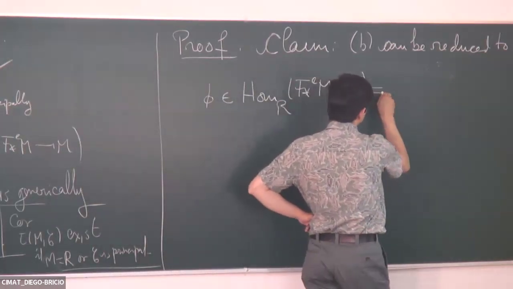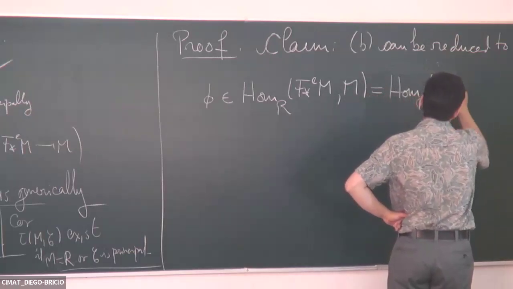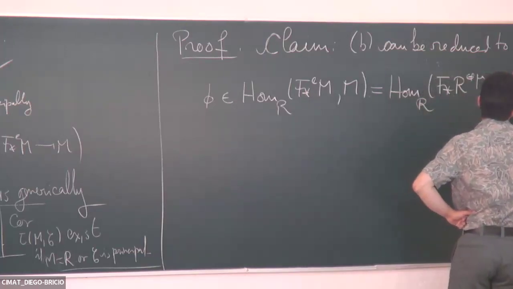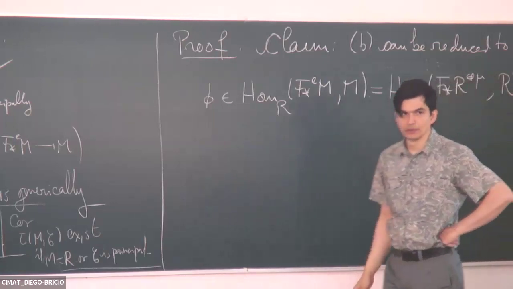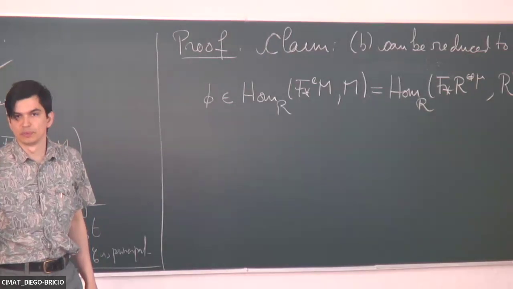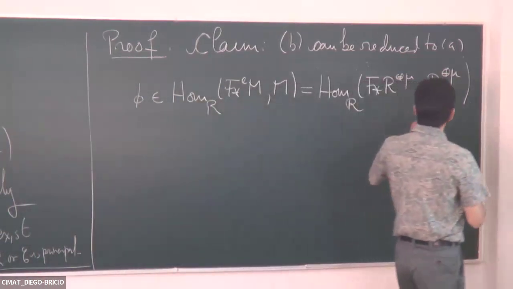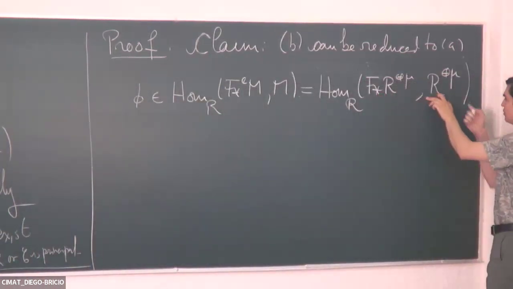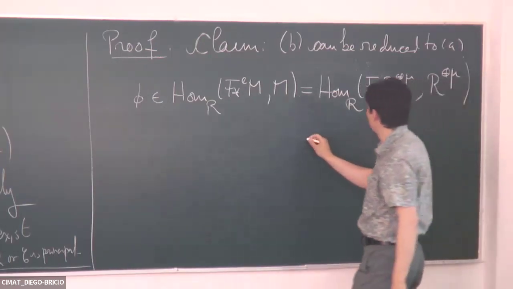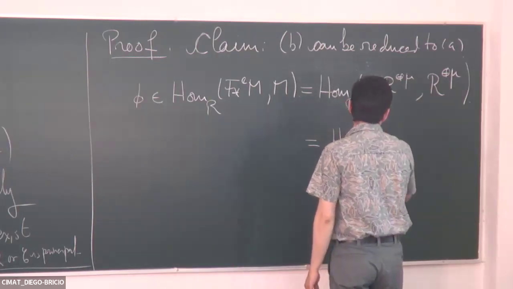So this equals, and so by the universal properties of direct summands and direct products, this is the direct sum, this is the direct product. I wrote direct sum, but when I define it, it's the same as the direct product in the category of modules. So this thing here is equal to this.